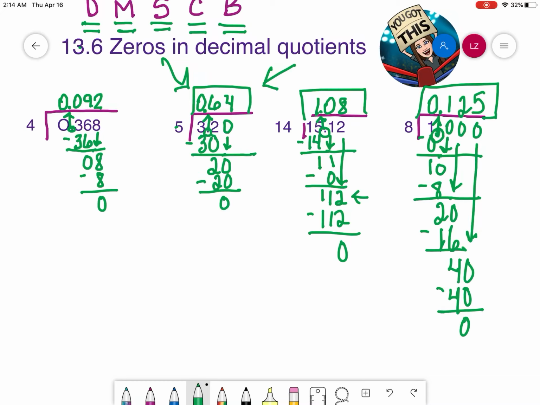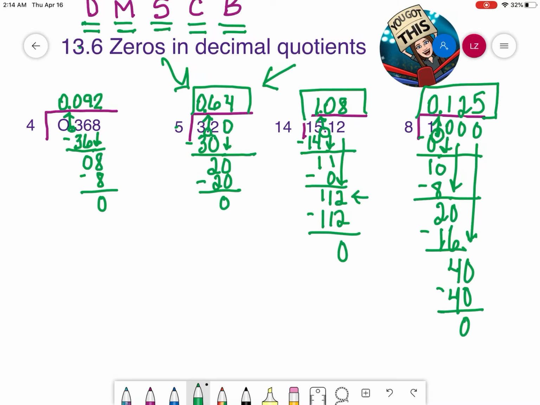Let me see if I can find one. Hold tight. I really want you to see this kind of problem because sometimes it stumps you and it really doesn't need to because it's fairly simple. Here we go. I just found one.